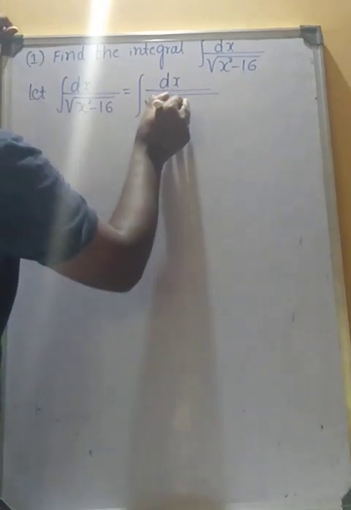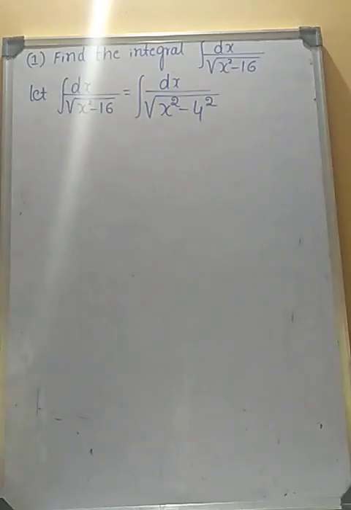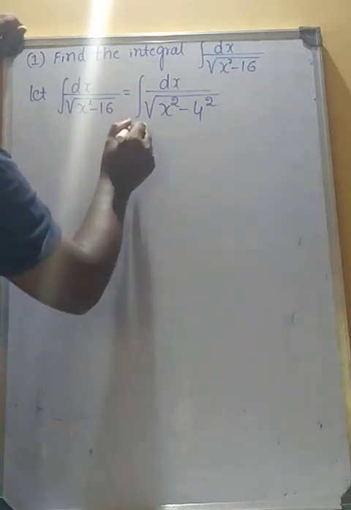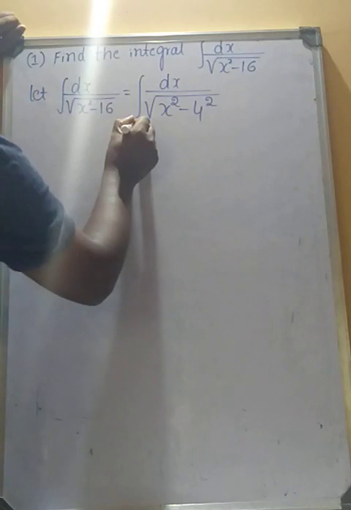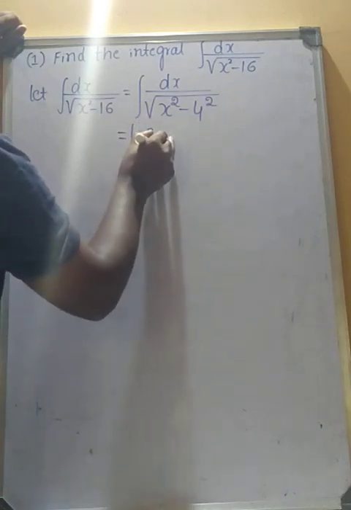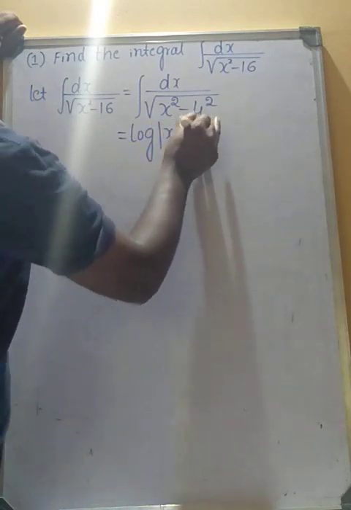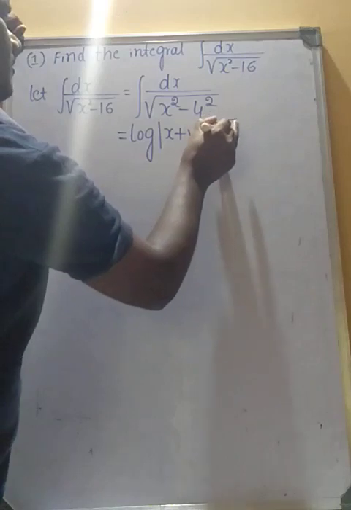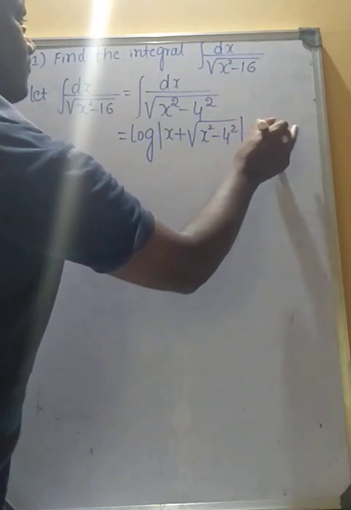So x square minus 16 can be written as x square minus 4 square. What is the form of that? Root of x square minus a square. You know the formula: integral of dx divided by root of x square minus a square is log of mod x plus root of x square minus 4 square plus c.